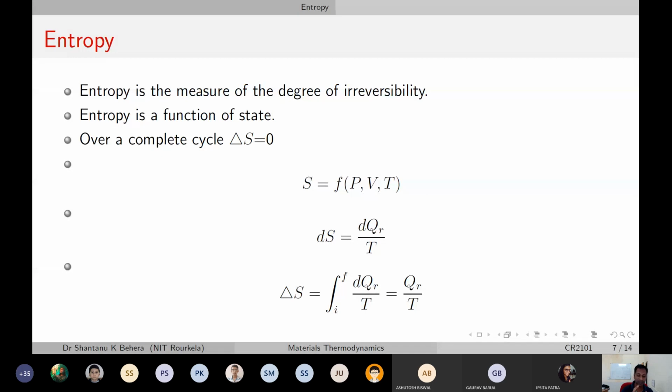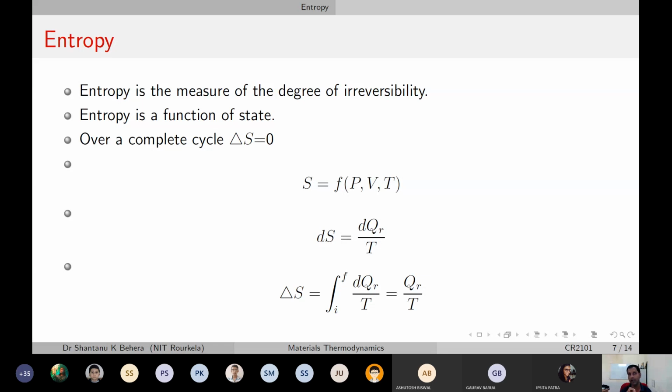So entropy is of course connected to orderness or disorder, and at the same time it's connected to the dispersal of energy, to the distribution of energy. Right? In that sense, when it distributes, the entropy is going up. Okay, so we'll go with a simple understanding of entropy as the parameter that measures the degree of irreversibility.